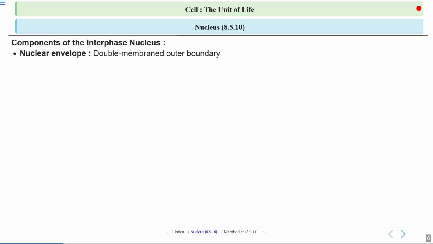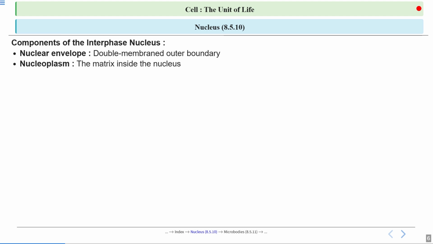So it consists of the nuclear envelope. The nuclear envelope is the double membraned outer boundary of the nucleus. Like mitochondria and chloroplast, they have double membranes, outer and inner.